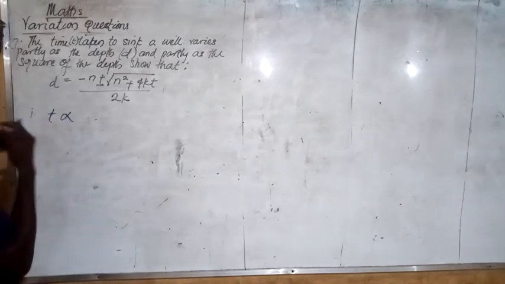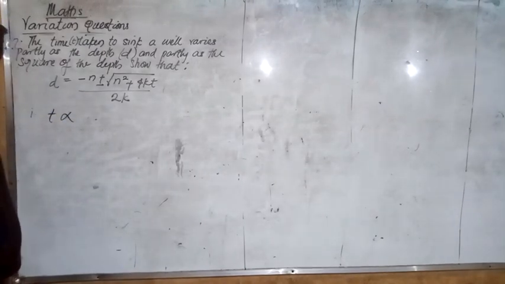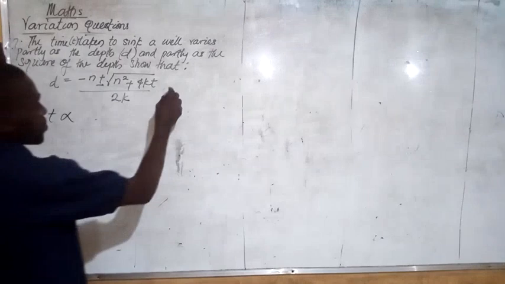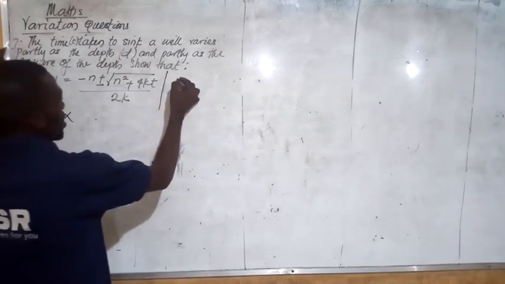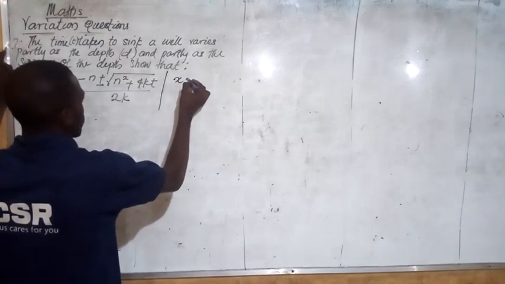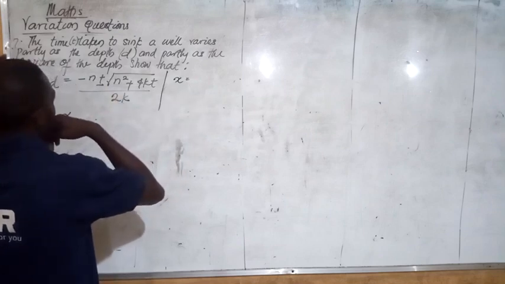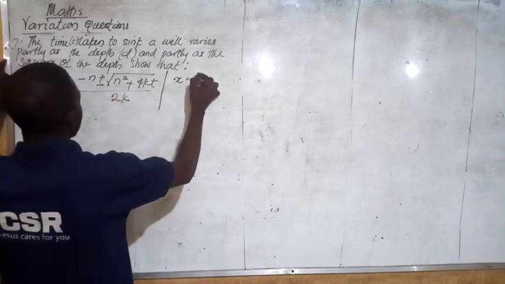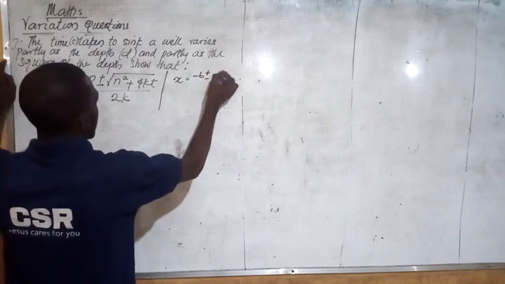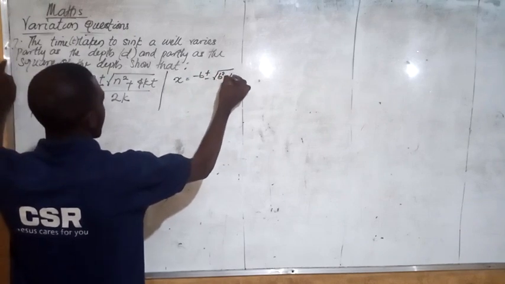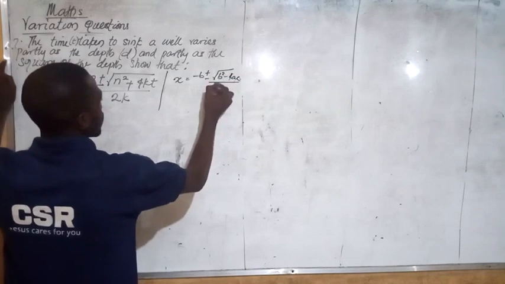Since it's varying partly as depth, we're going to select our constant. Now, if you look at this equation very well, remember the almighty formula: x will be equal to minus b plus or minus root b squared minus 4ac over 2a.